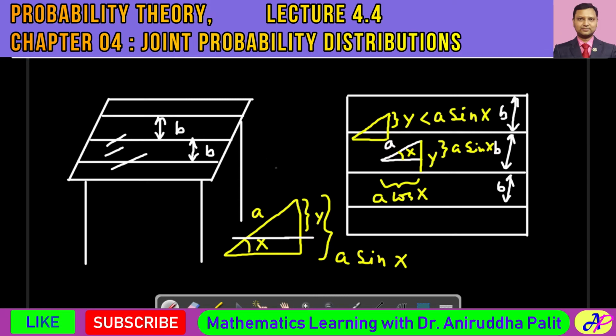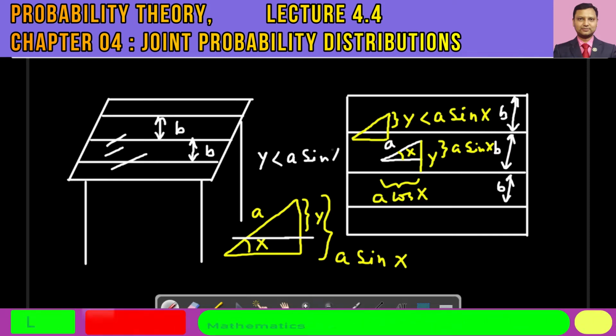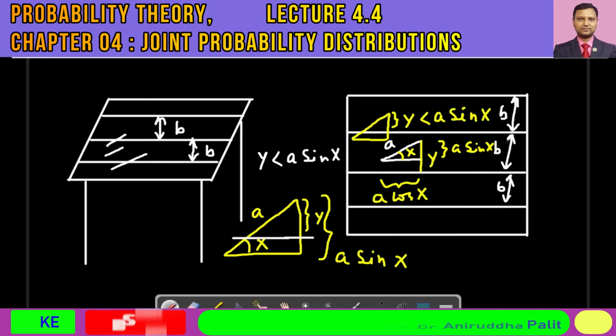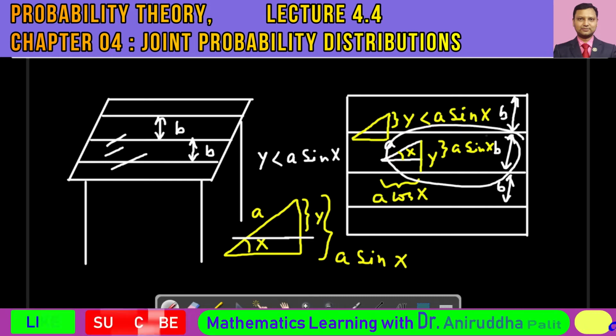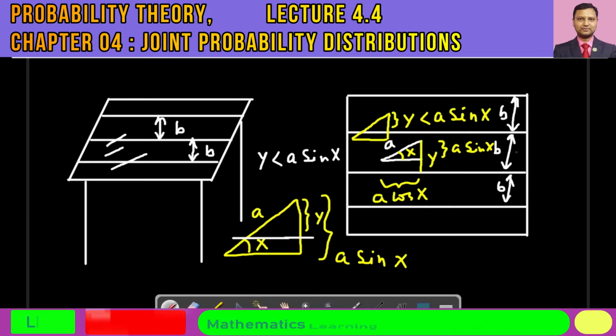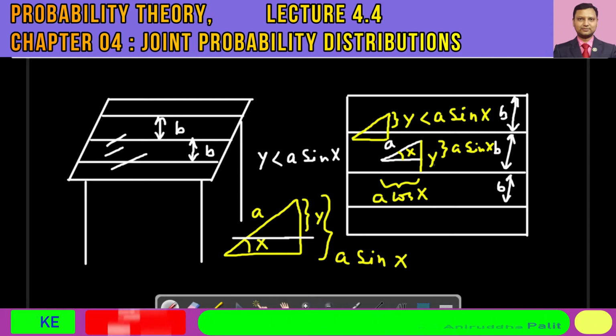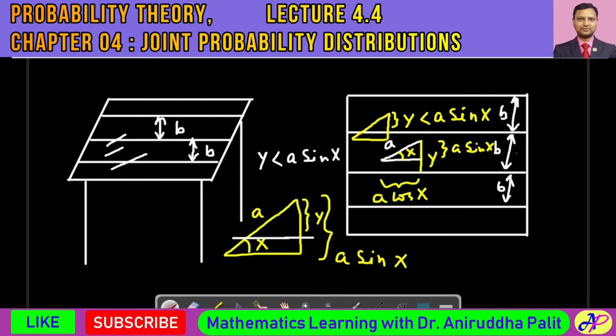We should have this result that y is less than a sine of capital X. All right, and from this region it is clear that the maximum value of y, you see, this is the length y, so the maximum value of y would be equal to small b.